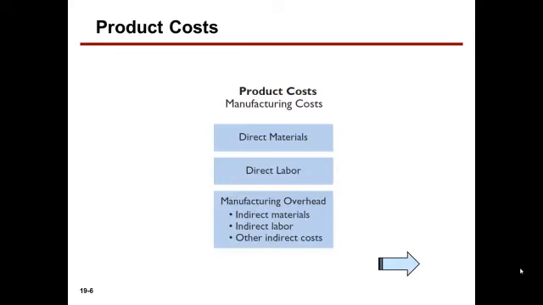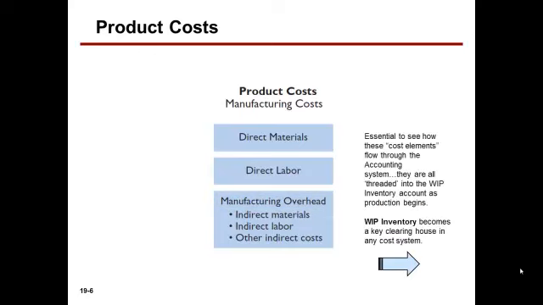So three elements: direct materials, direct labor, and manufacturing overhead, which is all indirect cost: indirect materials, indirect labor, and other indirect costs that are less traceable to the finished product. The essential part of this talk is that we need to see how these cost elements flow through the accounting system. They are all threaded into a work in process inventory account as production begins. The WIP inventory account becomes a key clearinghouse in any cost system.